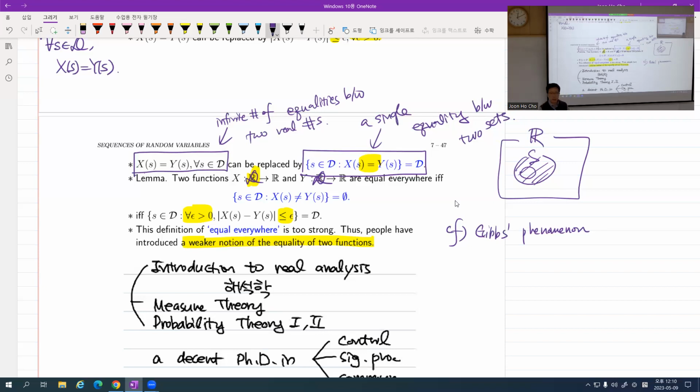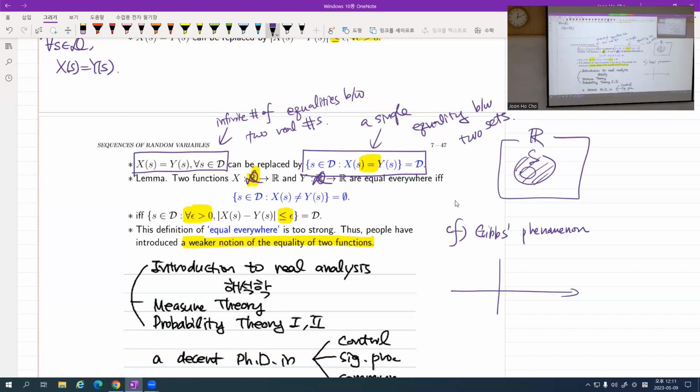Some textbooks say that the error between the target signal, the square wave, and our finite truncation of the Fourier series has an error signal whose energy converges to 0. And if that is okay, then we are happy. That is what we learned in signals and systems. So definitely equality of two functions everywhere could be too strong.